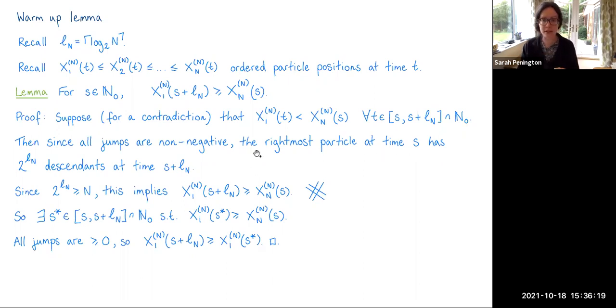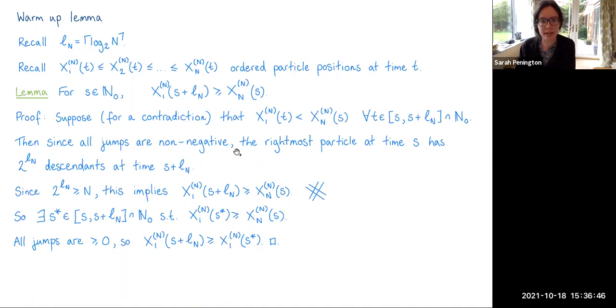They're always going to be at position at least xnn of s, the position of the rightmost particle at time s, because all of the jumps that they make are non-negative. And particles at a time t are only killed if they're to the left of x1n of t, to the left of the leftmost surviving particle.